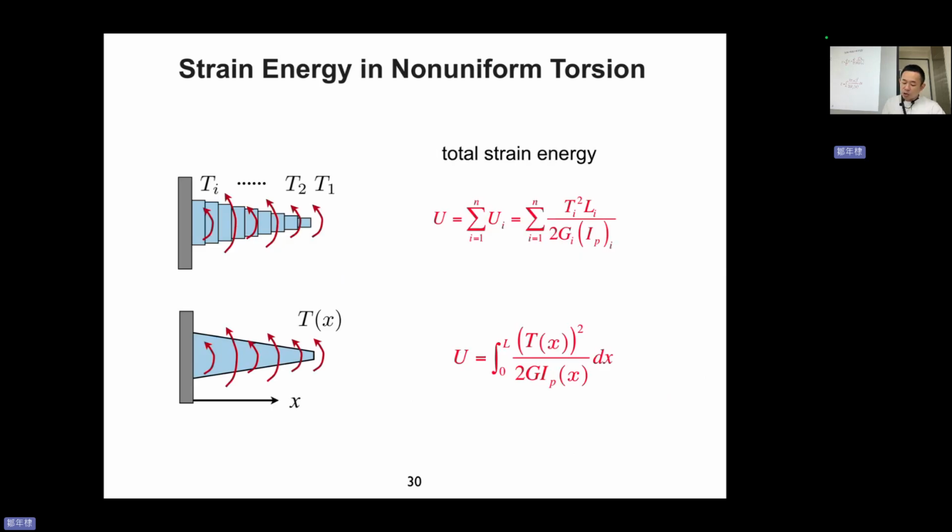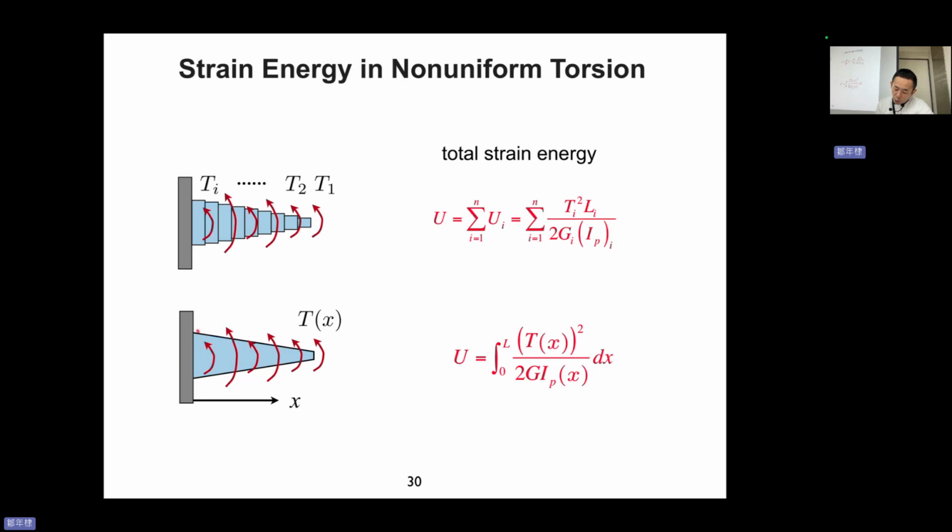And then strain energy in non-uniform torsion is also similar to previously. If you have different sections, you just sum them up together and you get the total strain energy.